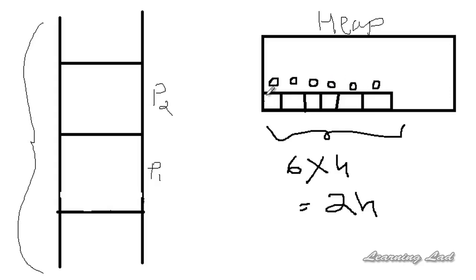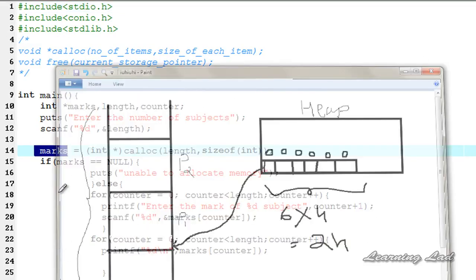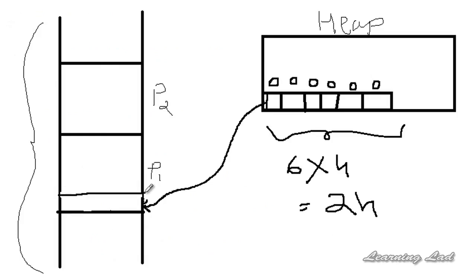Then it's gonna return the address of the first byte of the first block, and store that address in our pointer marks. So this marks is gonna point to the first byte of the first block.